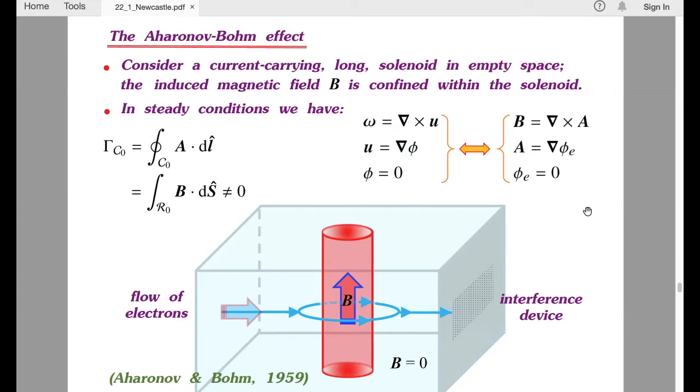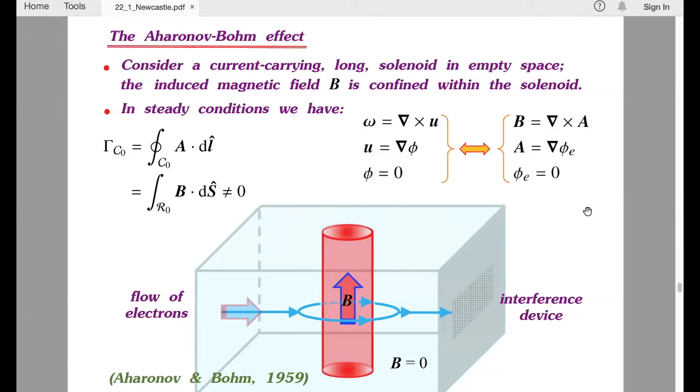B is totally 0 outside this tube, and then you just create a flow of electrons going around one side, the other, etc. And then you put an interference device to measure this flow of electrons passing by the magnetic field different from 0. Remember that the electrons are traveling in a space where B is equal to 0, okay? So there is no action of B on the flow of electrons.